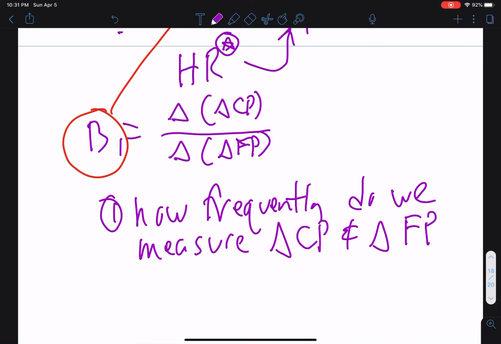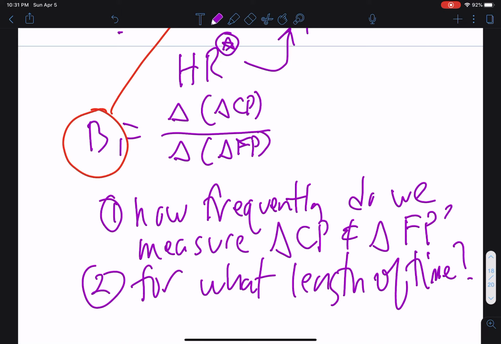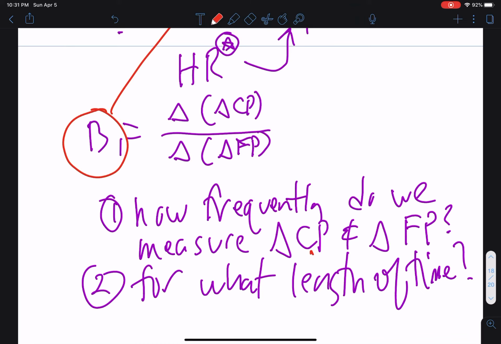But there's more. A second issue is for what period of time, for what length of time. For what length of time do we measure simultaneous observations of the change in the cash price and the change in the futures price?